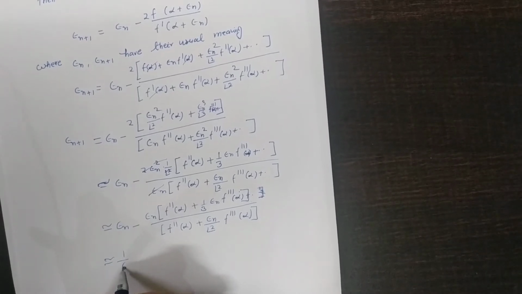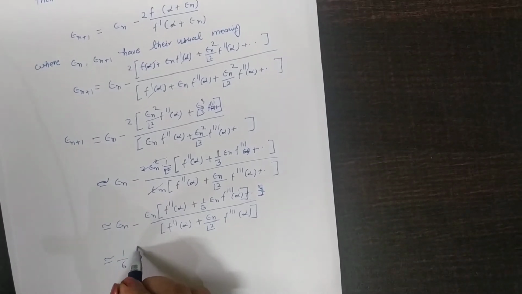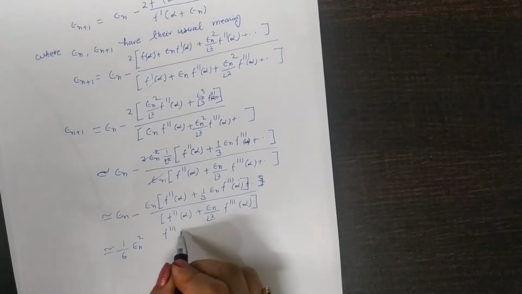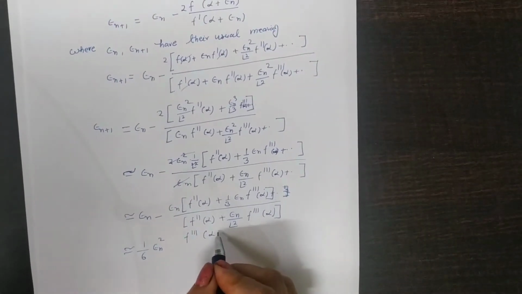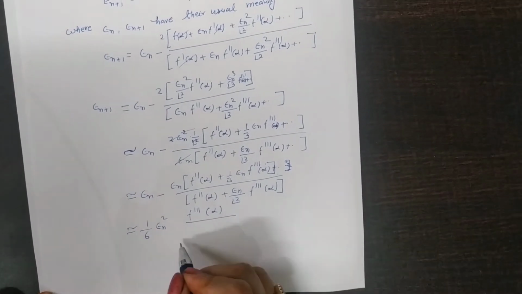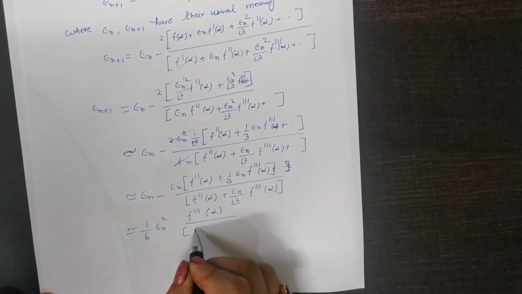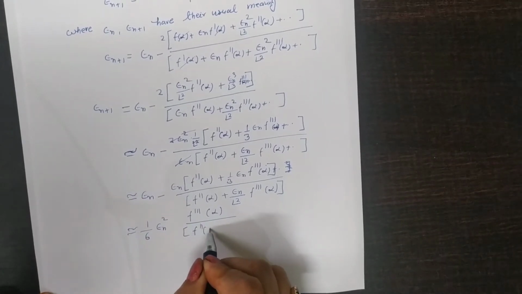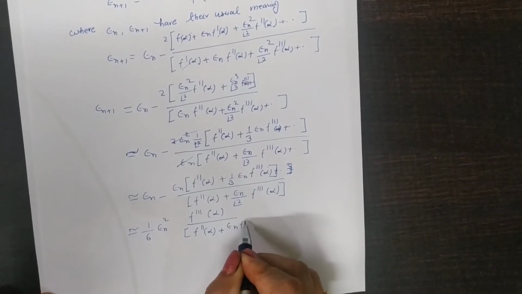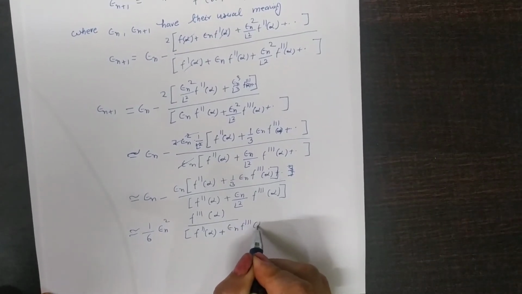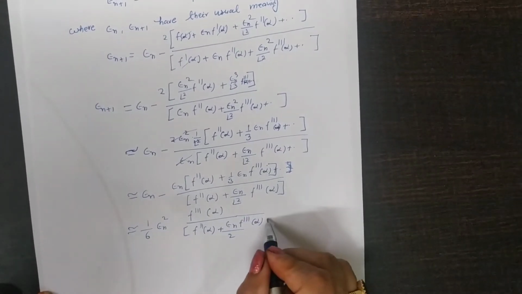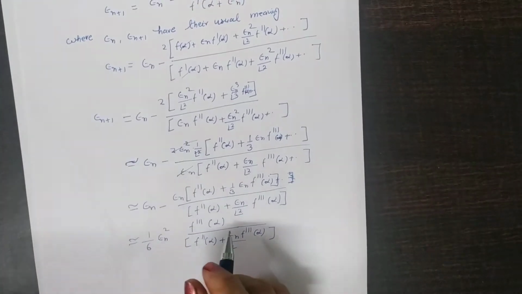1 by 6 epsilon n square f triple dash alpha divided by f double dash alpha plus epsilon n f triple dash alpha. Is it clear?